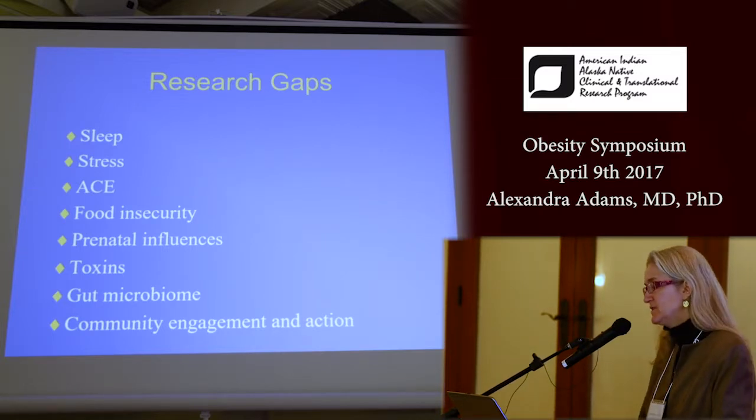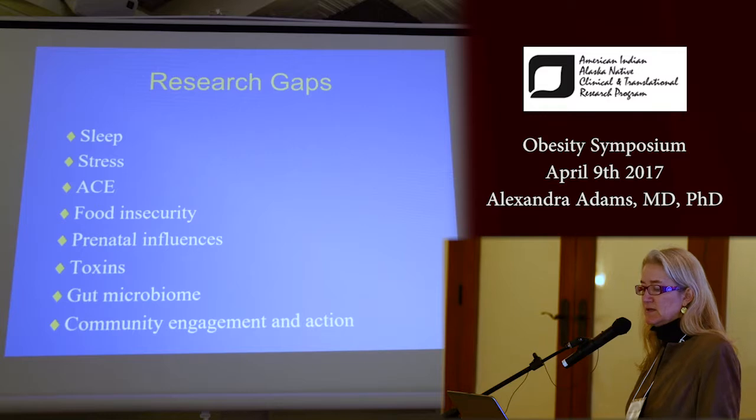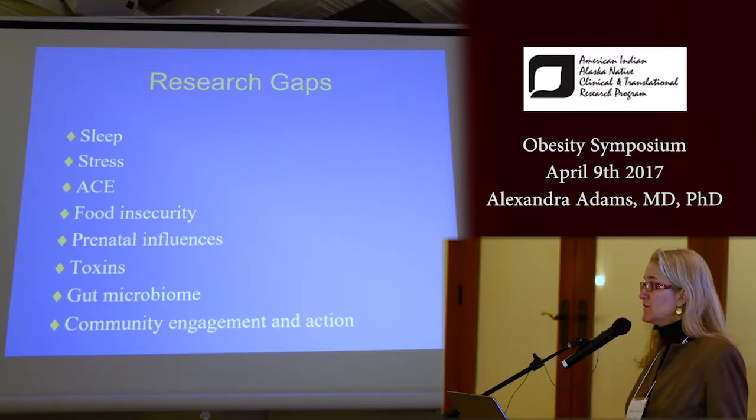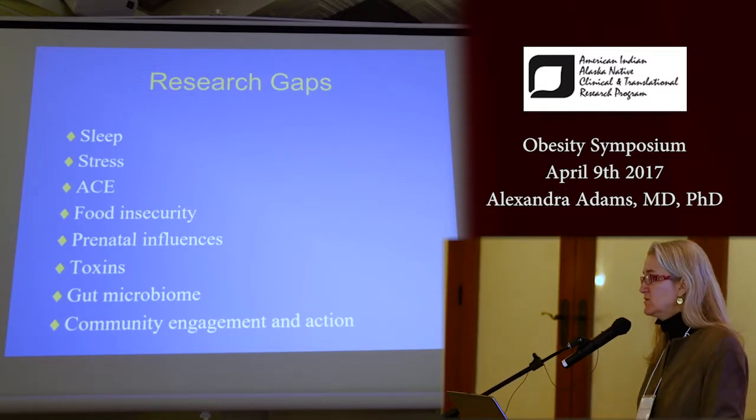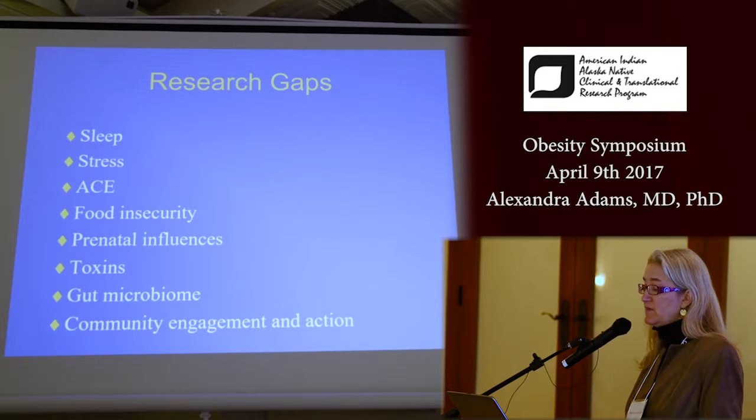These prenatal influences, I think we're going to find out more and more about how important they are. Particularly weight gain in pregnancy is a significant one. The role of toxins, PCBs and other toxins in plastics, are starting to be shown to be associated with obesity, and lower income groups often have higher levels of those toxins.